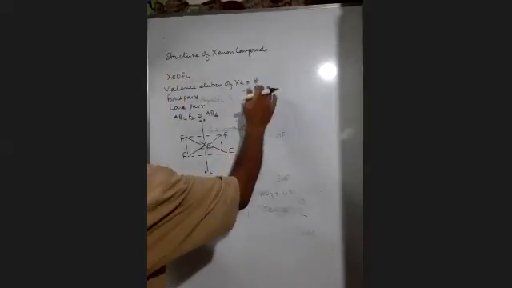Done, sir. Okay. So now I'll go for XeOF4. All right. Now see. How many bond pairs does it have? How many atoms are here? 4 plus 1? 5, no?